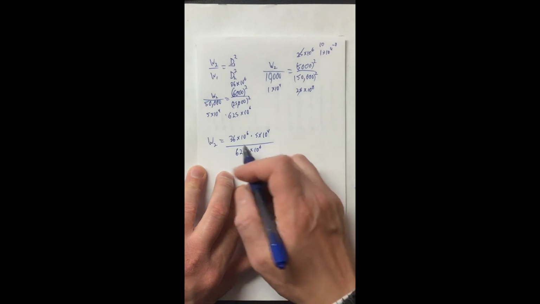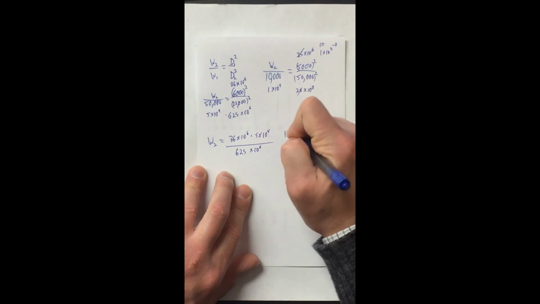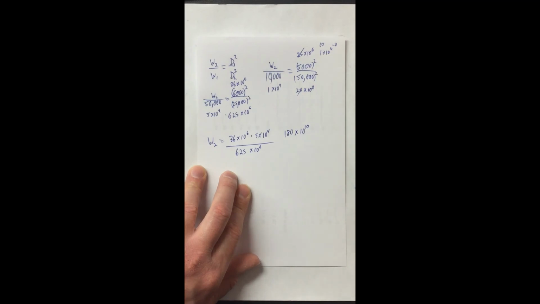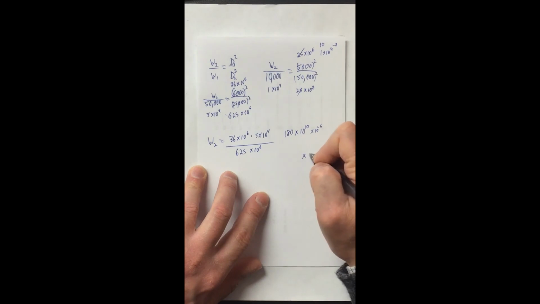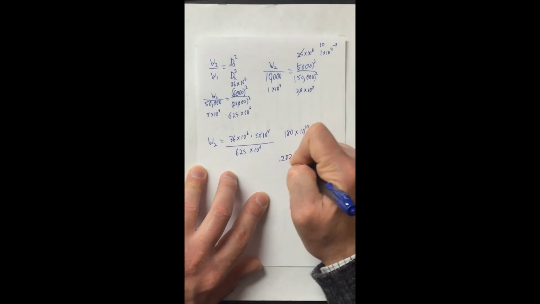Okay, let's multiply some things out here. 36 times 5, that gives me 180 times 10 to the 10th. So, all right, I'll bring my other one up, so times 10 to the negative 6, that gives me times 10 to the 4th, and then we'll do 180 divided by 625, which is a decimal of 0.288.